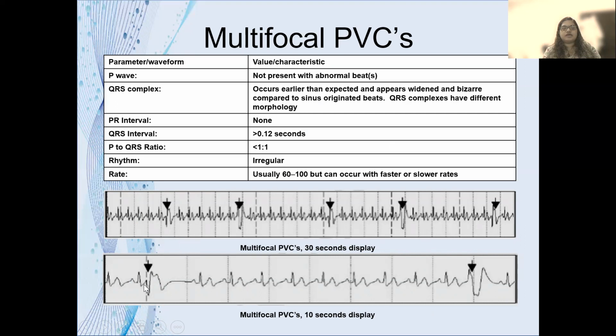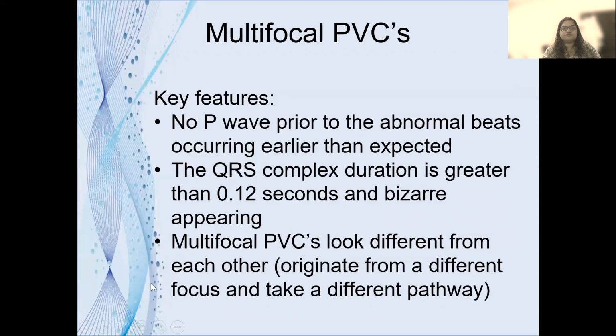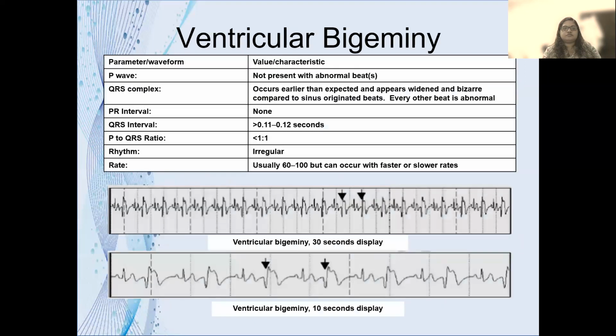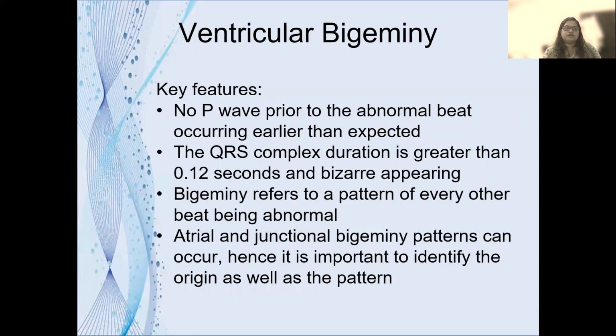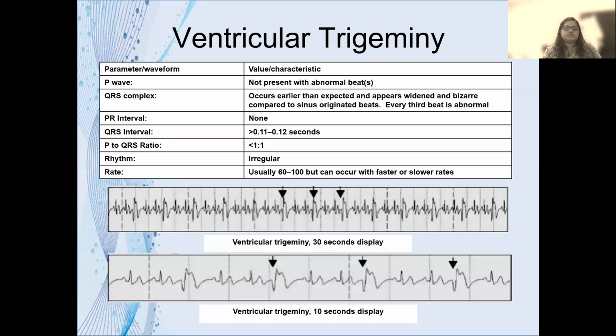See here, one there, one. Ventricular bigeminy. So you get two PVCs together. That is called bigeminy. Trigeminy is like you get three waveforms. Okay, so you get these three waveforms in the rhythm.